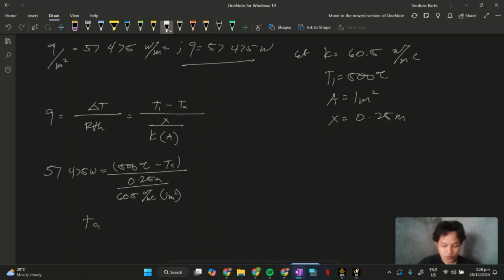And the T_A should be, calculator, 57,475 times 0.25 over 60.5 times 1 meter squared is equal to 237.5 minus 500, which is negative 262.5, times negative 1.